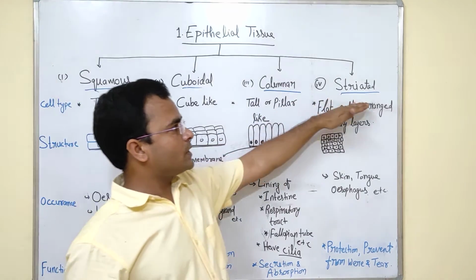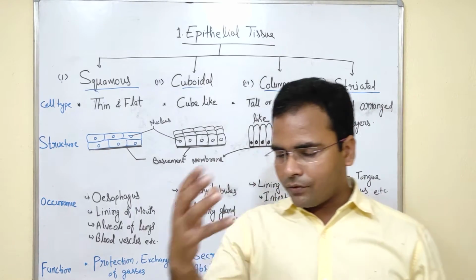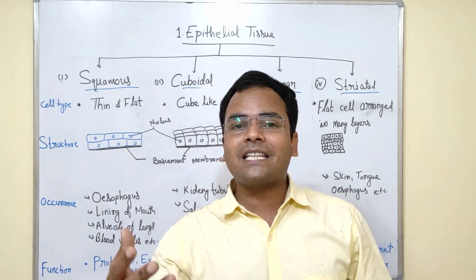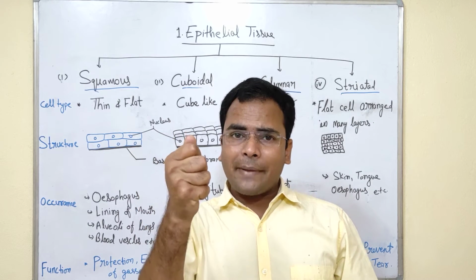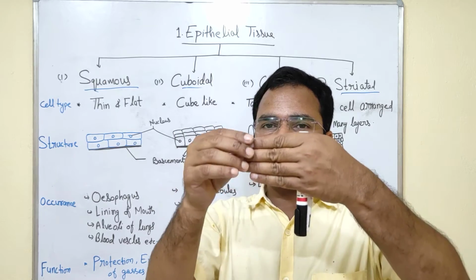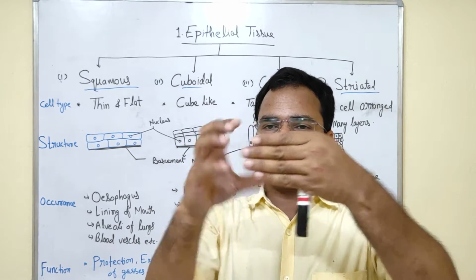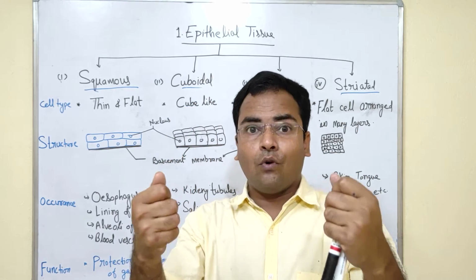The fourth type is the striated, and again it is clear from its name. Striated, like stairs. The tissues are compactly arranged in different layers. If the different layers are there, they make a protective wall-like structure.